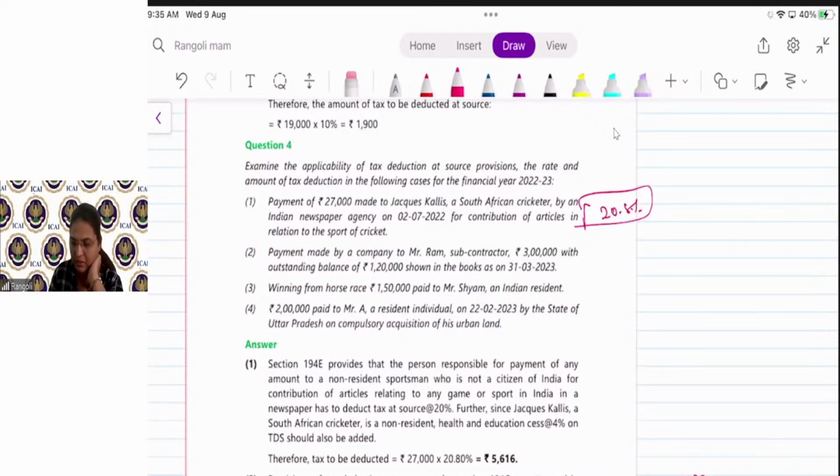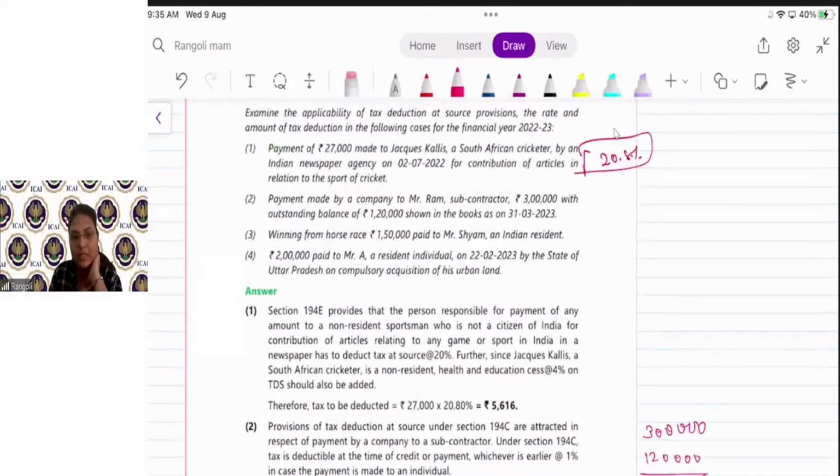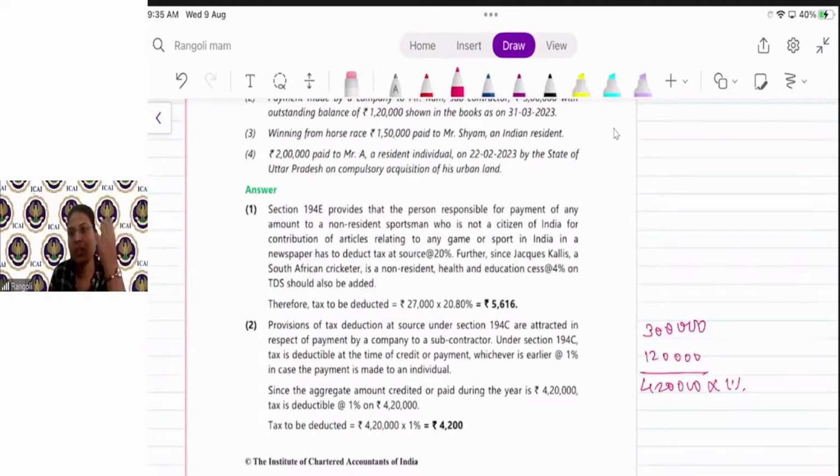So TDS is required to be deducted at 1% on 4,20,000 because as per section 194C, if the payee is individual, the rate of TDS is 1% and TDS is required to be deducted at the time of payment or credit, whichever is earlier. So 3 lakh payment is made and 1,20,000 credit was done in the books of account, right? That's why it is on 4,20,000.